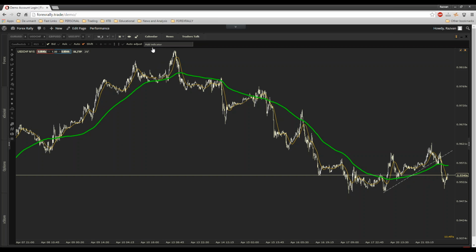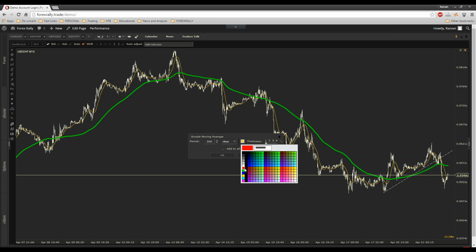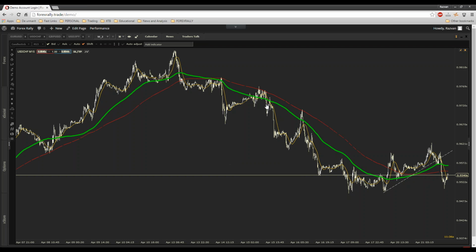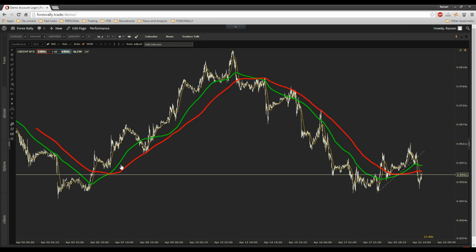Let's say we will add another one, and I'll show you now a simple moving average of 200 periods, and you'll see that this is really interesting. If you put the 200, let me make it a bit thicker. Good. Now this is good. The 200 moving average is very good.